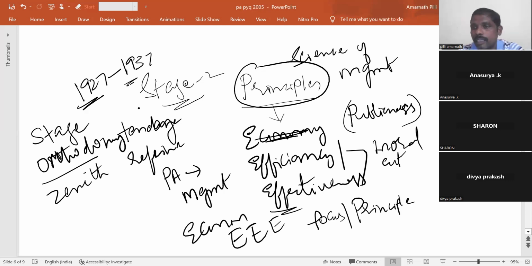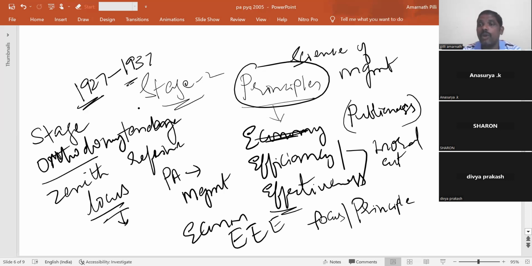In stage one, the location of public administration was given importance, according to Nicholas Henry, or according to Golembiewski. So in stage one, locus was given importance.